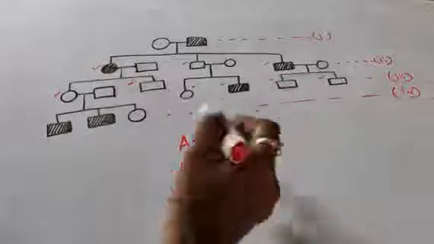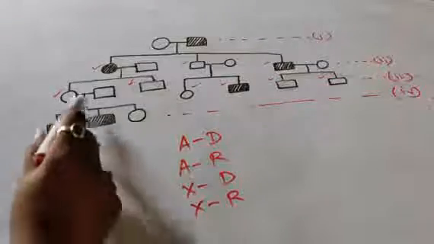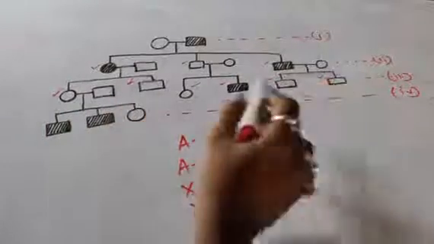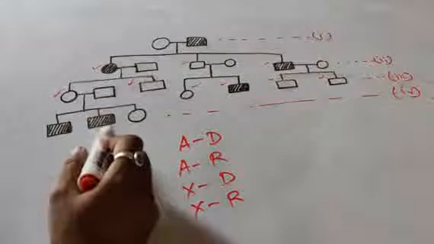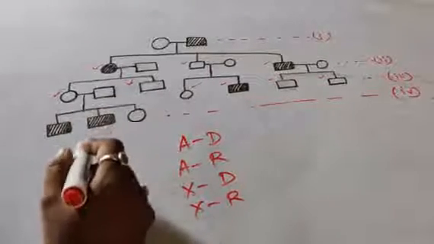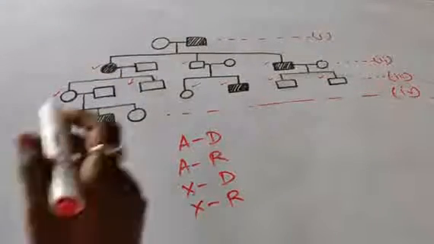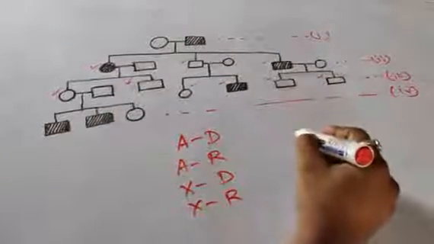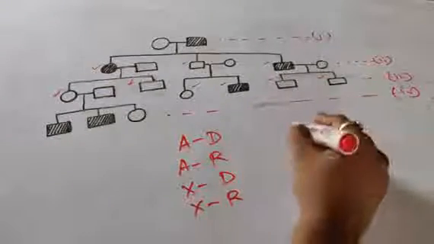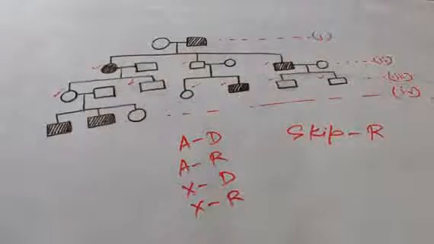In the next generation we can see that they are affected, here they are not affected, and these sons are affected. So if one generation is skipped, then it will be recessive. If a generation is skipped, then it is recessive.